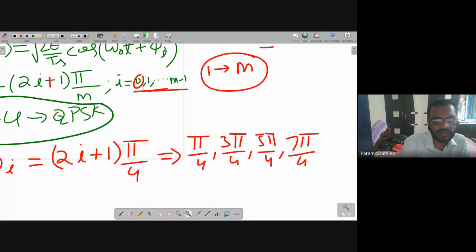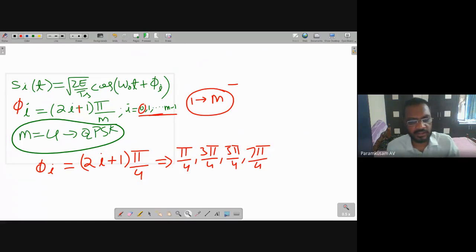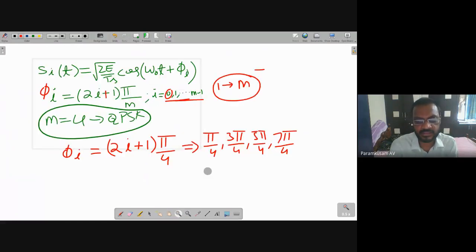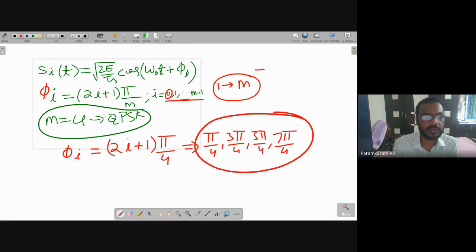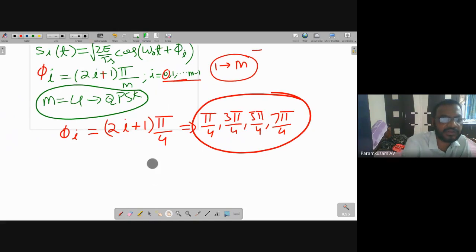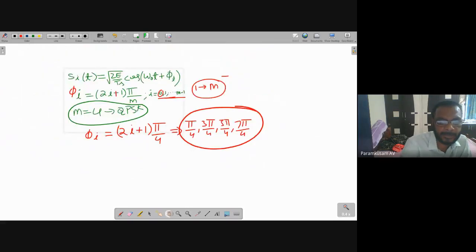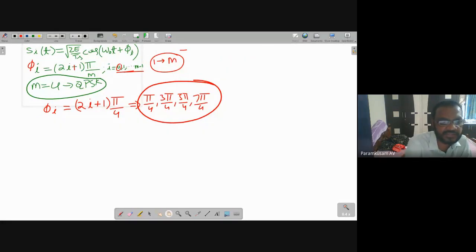So in QPSK, these are the phase angles. For example, take m is equal to 8.